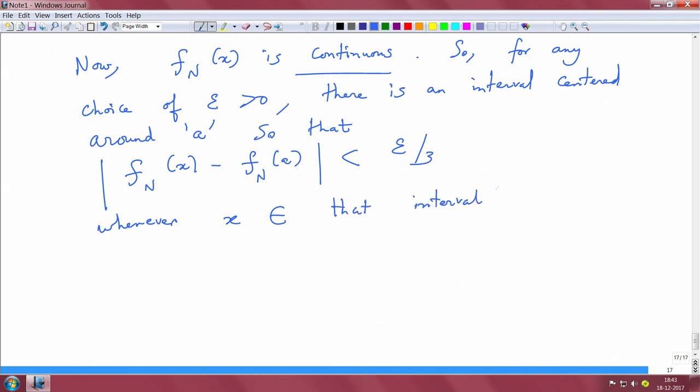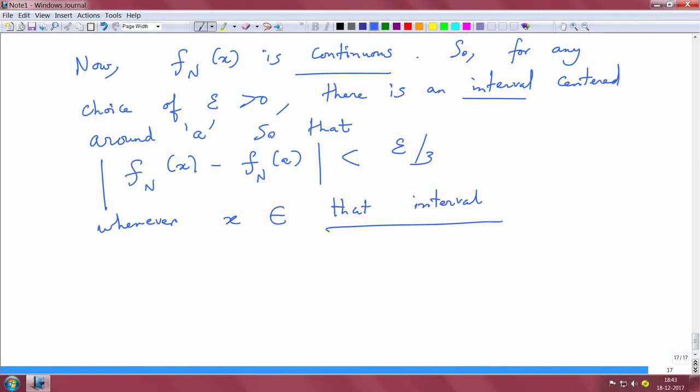This interval is not necessarily S. There exists some interval, because we want to invoke continuity here, that is centered around A such that the absolute value of Fn of x minus Fn of A is within epsilon upon 3.